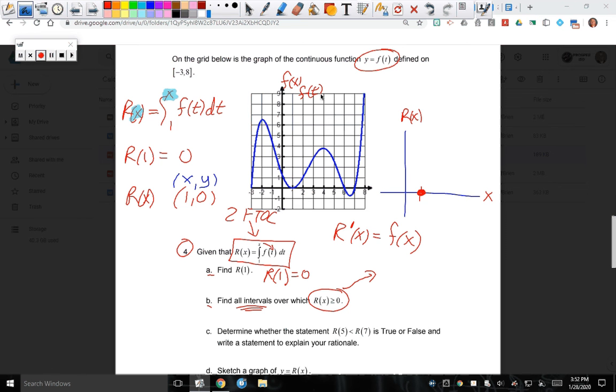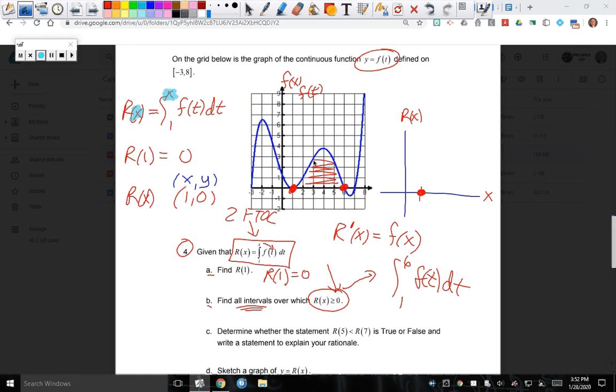Okay? So if I want to see whenever it's positive, then I want to see when this is above the y-axis. Go with me? So here we go. If I look at the next 0 that's important, which is 6, and I calculate it from 1 to 6 of the original graph, I can see that this area is all positive.